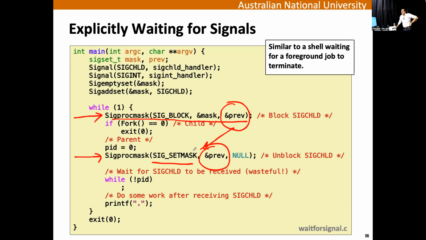I got a question about the PNB. When the PNB is pending and not blocked, when is this value calculated? Whenever the kernel is returning from a context switch or an exception handler, because the kernel has the information about pending and blocked signals. When the user code is running, we don't do anything special, we wait for the kernel to do something, like when we make a system call.